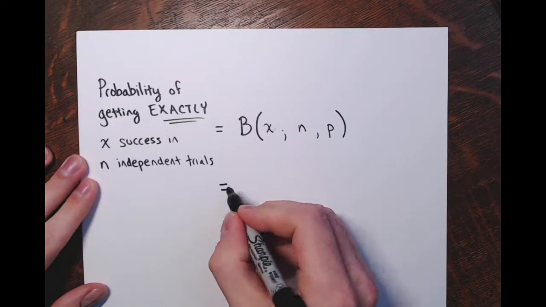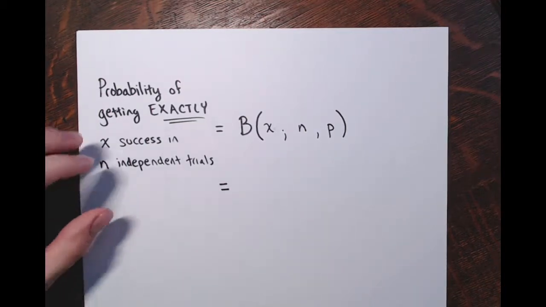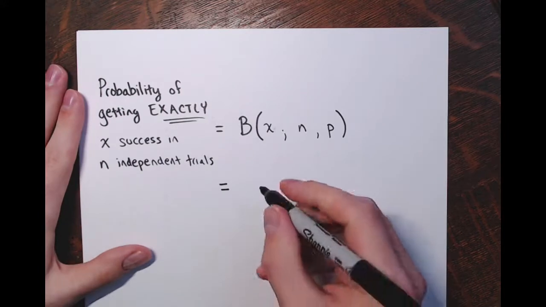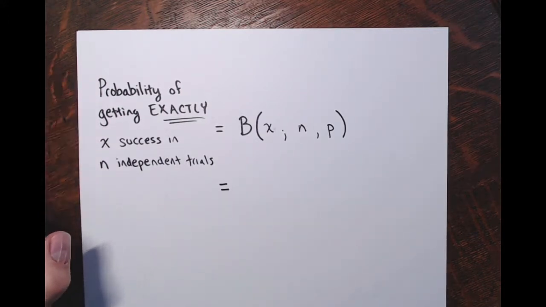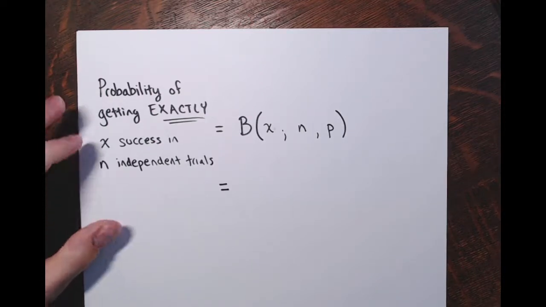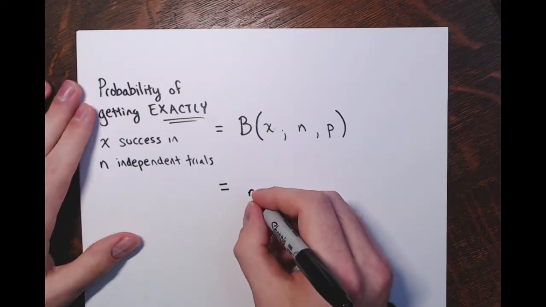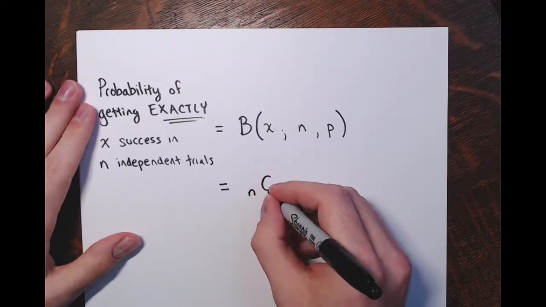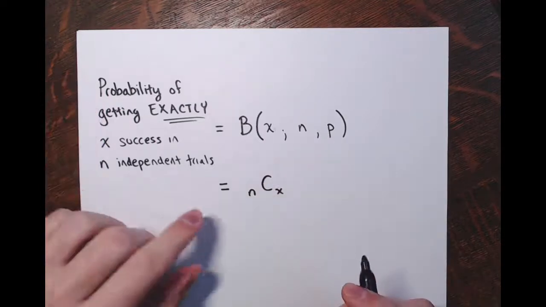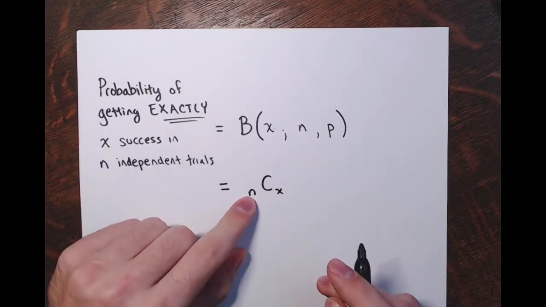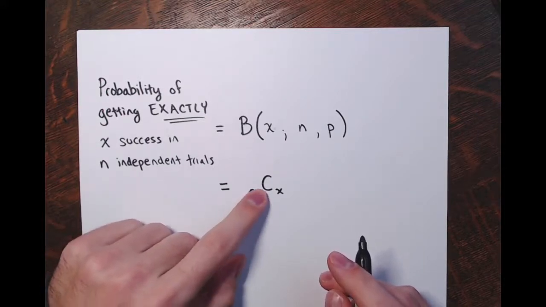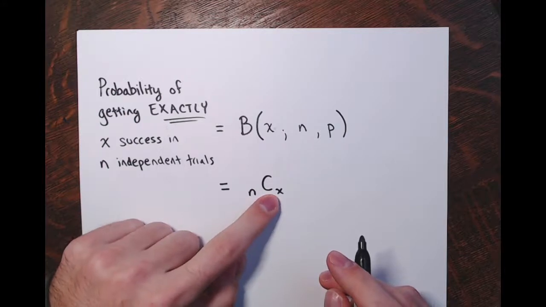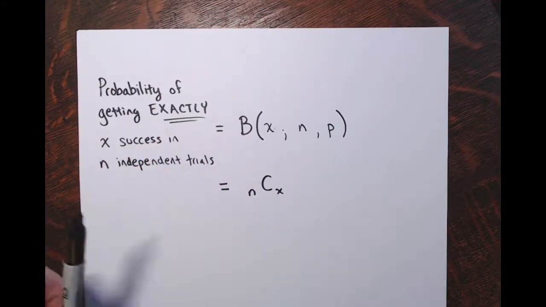Now, this is calculated in this fashion. So if you remember back from chapter 3, remember counting? We had counting principles, and we had counting with permutations and combinations. It starts off with a combination. N choose X. So I have N independent trials, and I'm choosing X of those to be a success, exactly X of them.